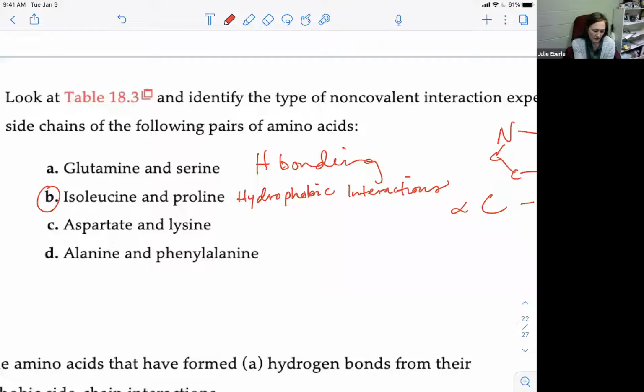What do y'all think about C? Aspartate and lysine. What kind of amino acids are these?